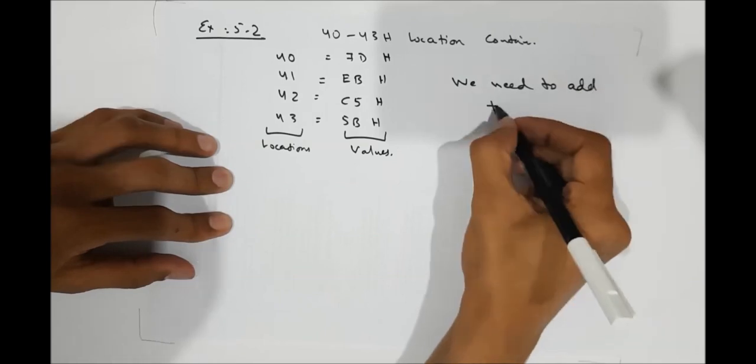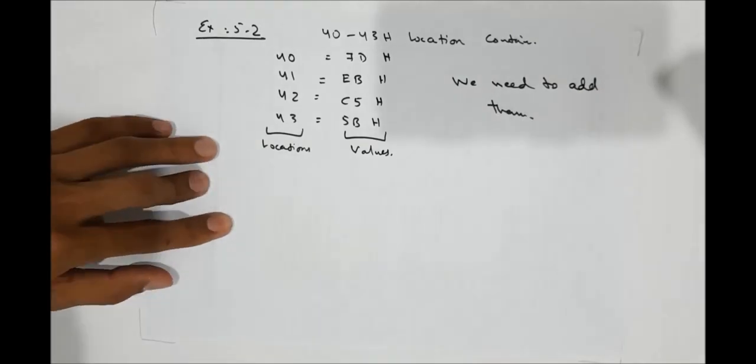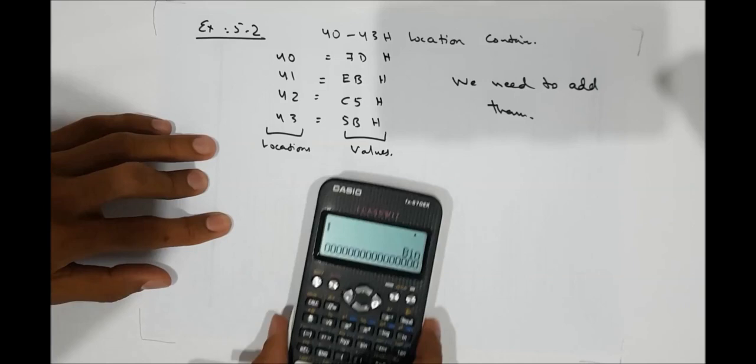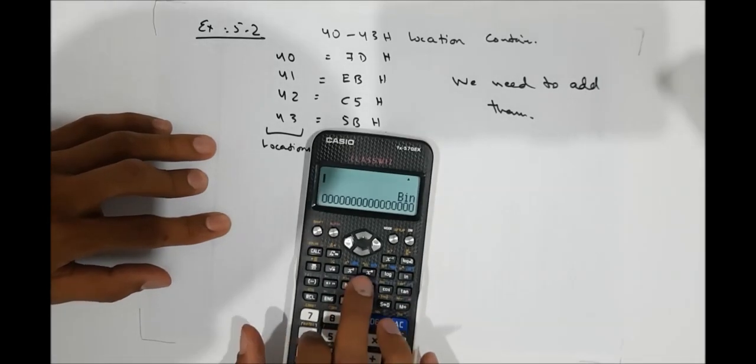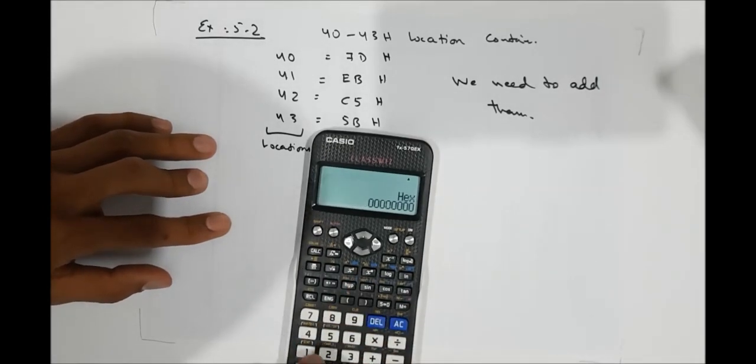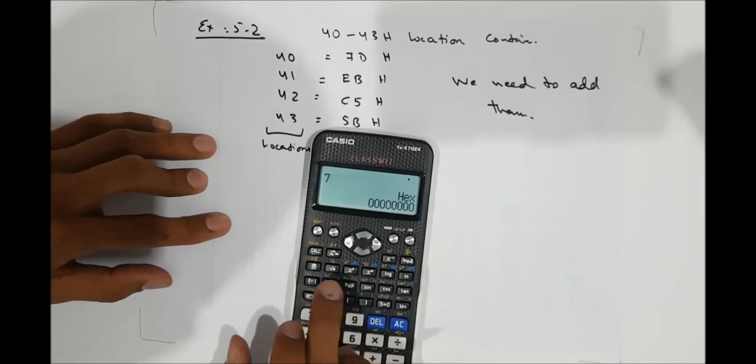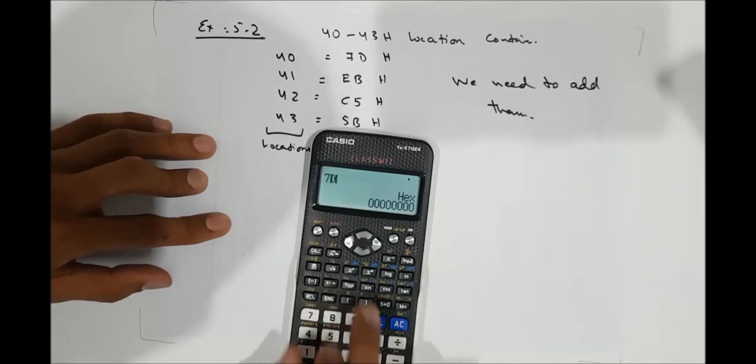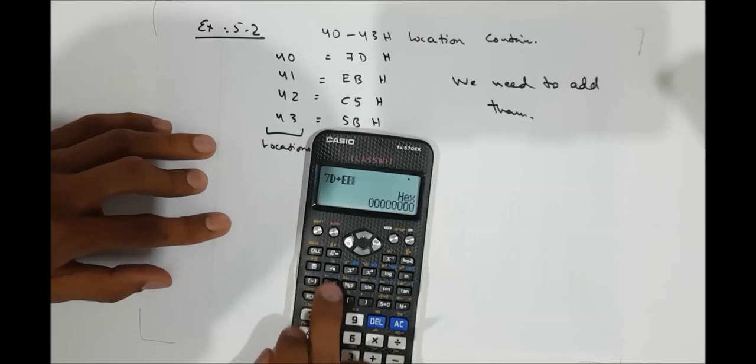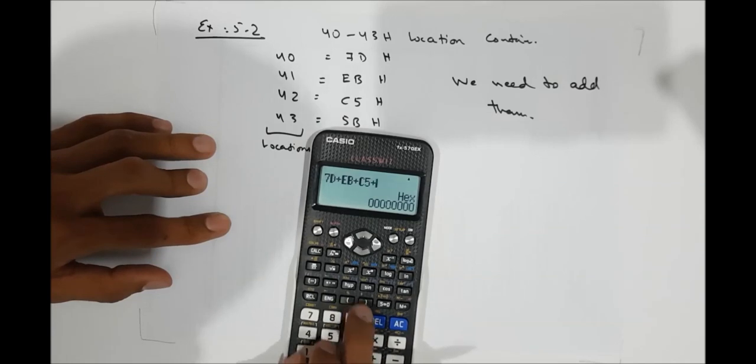And what we need to do is add them. So let's add them here. In hexadecimal, we have 7D plus EB plus C5 plus 5B.